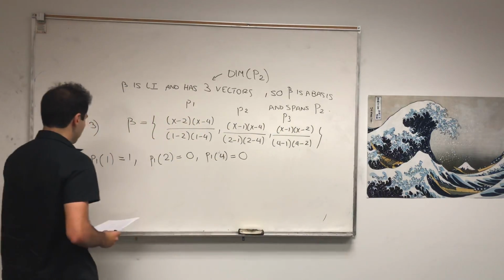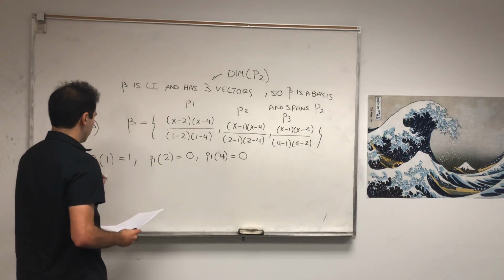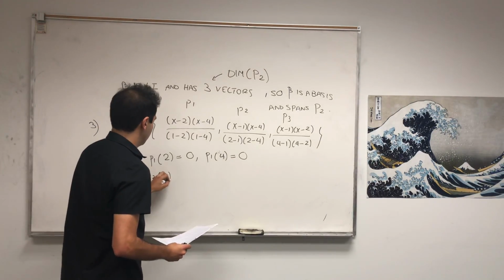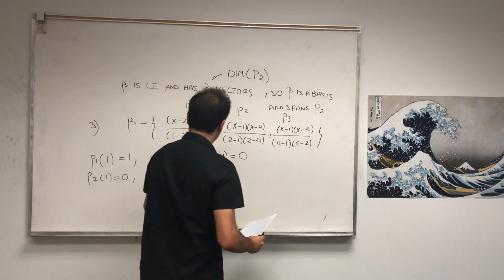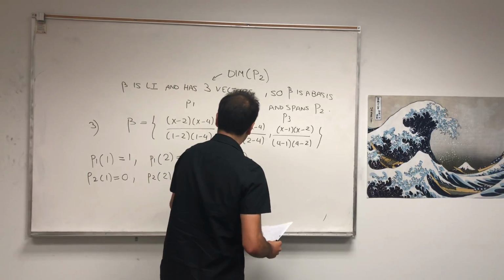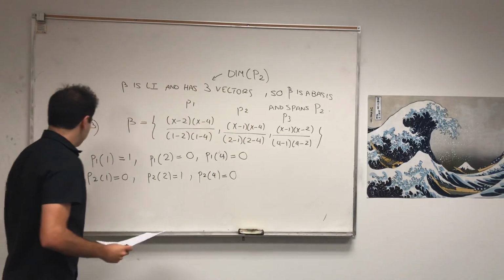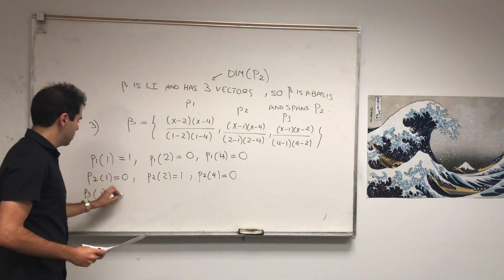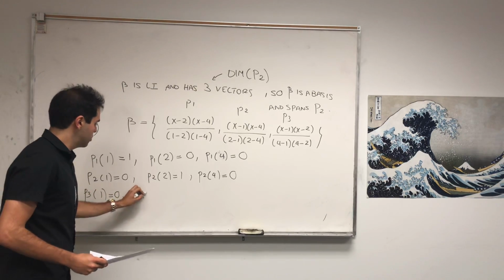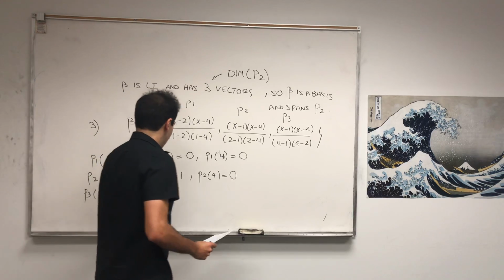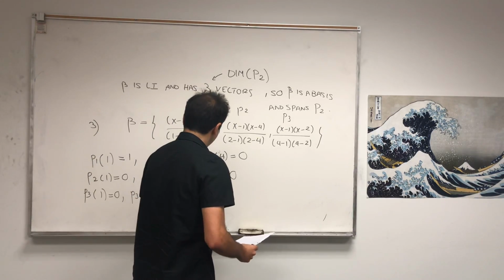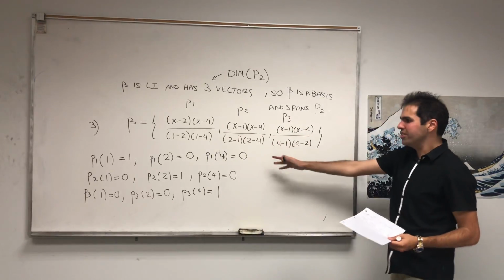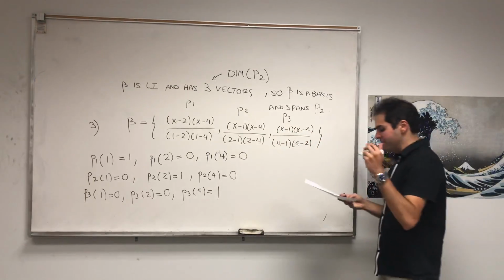And similarly with P2: P2 at 1 is 0, P2 at 2 is 1, P2 at 4 is 0, and P3 at 1 is 0, P3 at 2 is 0, and P3 at 4 is 1, sorry. So in particular, what you get is some sort of an identity matrix.